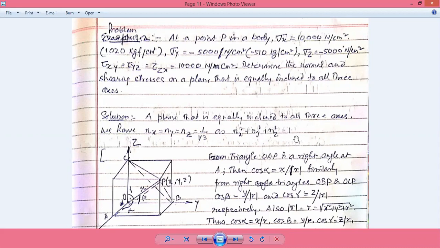So this is put, and you will get nx, ny and nz. So we have sigma x, sigma y, sigma z, all nx, ny and nz, and all tau xy. We have to find out the normal and shear stress on the plane itself.